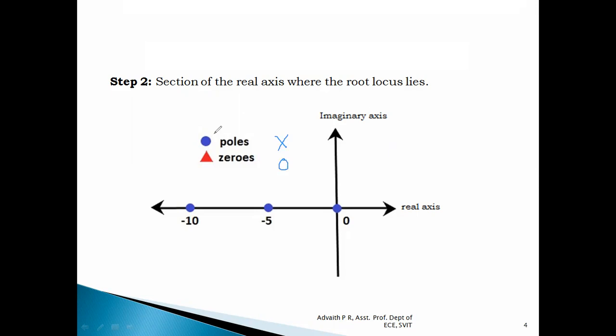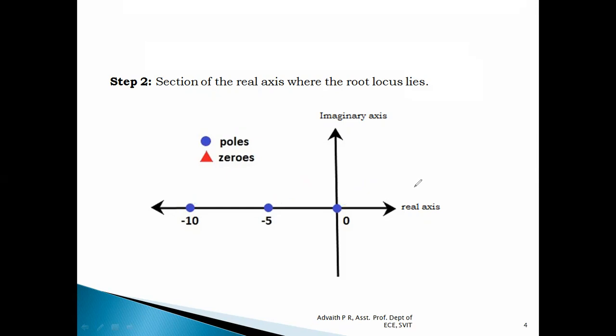But here, we have represented poles as blue circles, and zeros as red triangles. In this particular problem, we have no zeros, hence there are no red triangles over here. So the three values of poles are s = 0, s = minus 5, and s = minus 10, which have been plotted.